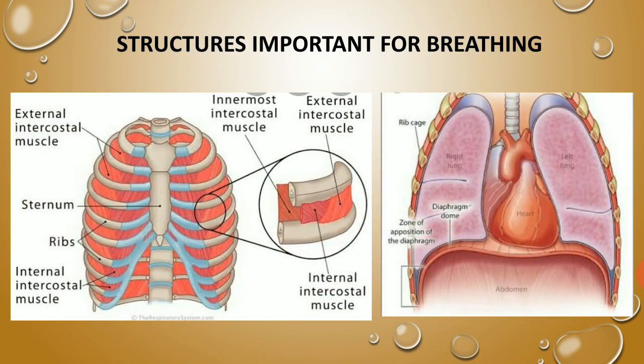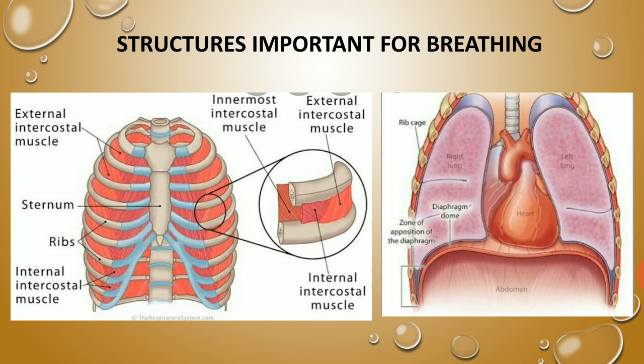Okay, so next one, the structures that are involved or important for breathing. Breathing is a physical process of taking in oxygenated air and releasing deoxygenated air into the atmosphere.